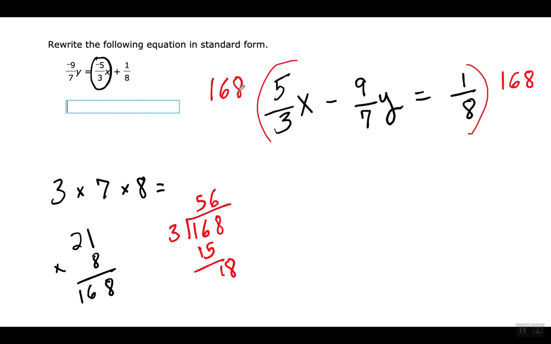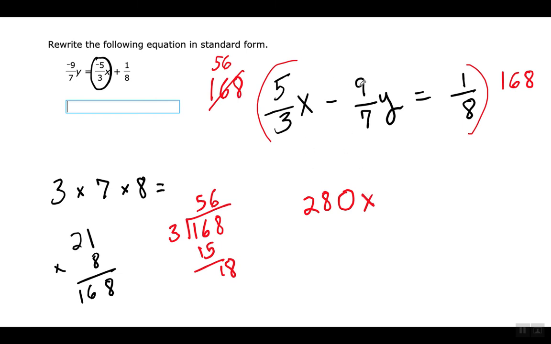Now I'm going to multiply 56 times 5. 56 times 5, mental math, gives me 280.